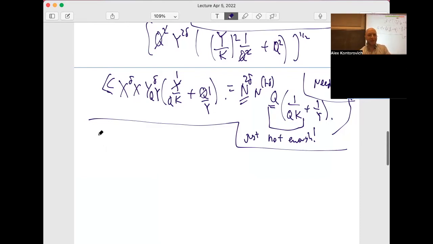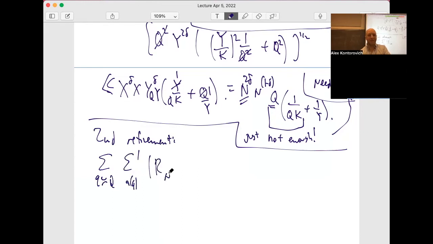So let's try to do the second refinement. So I have a sum over Q of size Q and a sum over A co-prime to Q of the absolute value of R. Now I'll immediately remove the absolute value, R hat theta, and put a zeta sub AQ, which catches the sign.